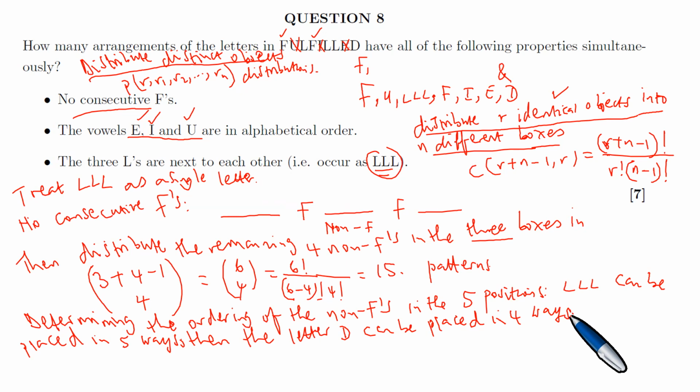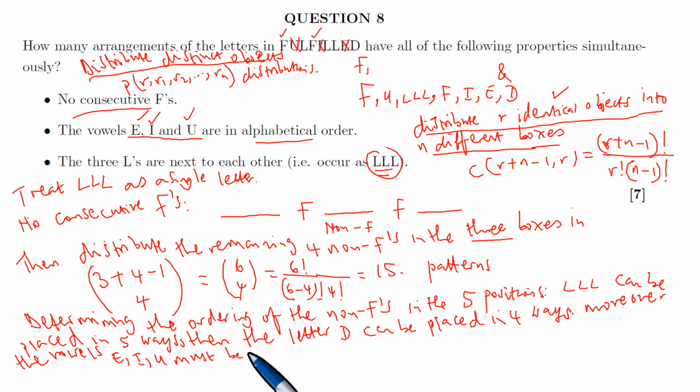Moreover, the vowels. The vowels are A, E, I, O, U, and in particular the vowels E, I, U. Obviously, they're to be placed in alphabetical order.